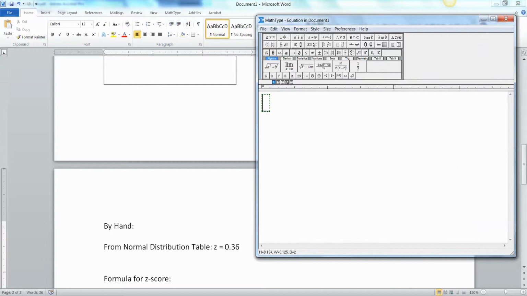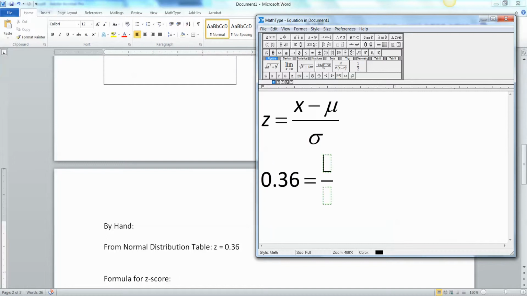Section 3.4 is creeping up all over the place. So first it creeps up in the definition of percentile, and now it's creeping up here. So it's x minus mu over sigma. Okay, so if that's the case, we figured out this was about 0.36 is equal to, well, the x value we don't know. We know the mean is 50. We know the standard deviation is 7.